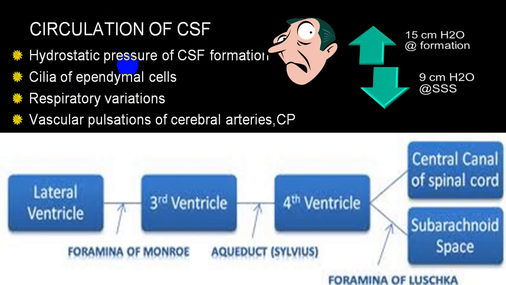Because of vascular pulsation of cerebral arteries, CSF will flow from the lateral ventricle into the third ventricle via the foramen of Monro, from the third into the fourth ventricle via the aqueduct of Sylvius, and then from the fourth ventricle via the lateral opening, that is the foramen of Luschka, and the central opening we call the foramen of Magendie, into the central canal and subarachnoid space.